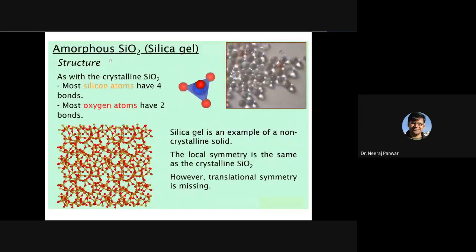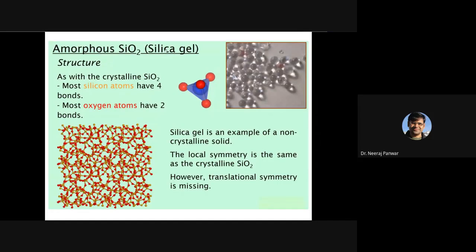Then we have amorphous silicon dioxide also, that is known as silica gel. I believe that you might have seen silica gel. That is a very common material that is used in a desiccator to keep the moisture away from the materials which we keep in the desiccator.